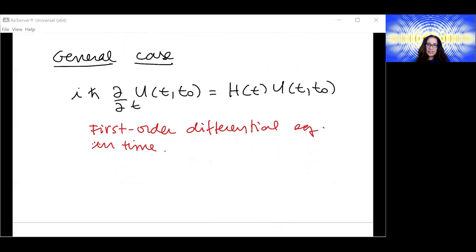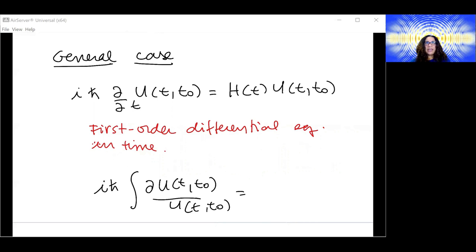We can rearrange this and we can write something like this: dU(t, t0) over U(t, t0), and here we have the integral from t0 to t of H(tau) d tau.